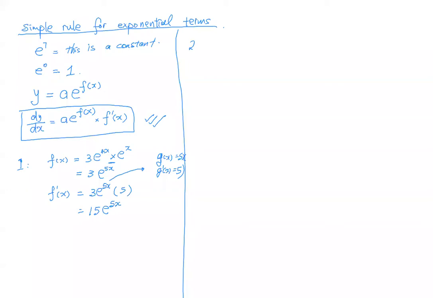Question 2. I have y equal to e to the power of x plus e to the power of x squared divided by e to the power of x. Now, which one is the power term?